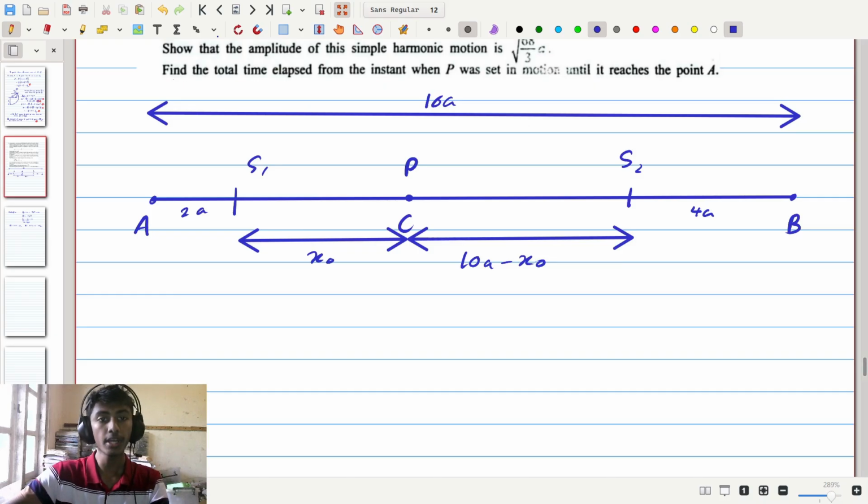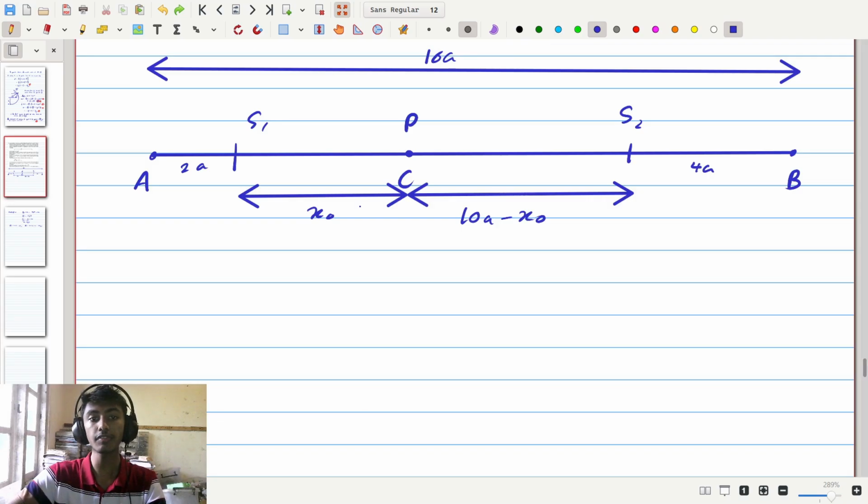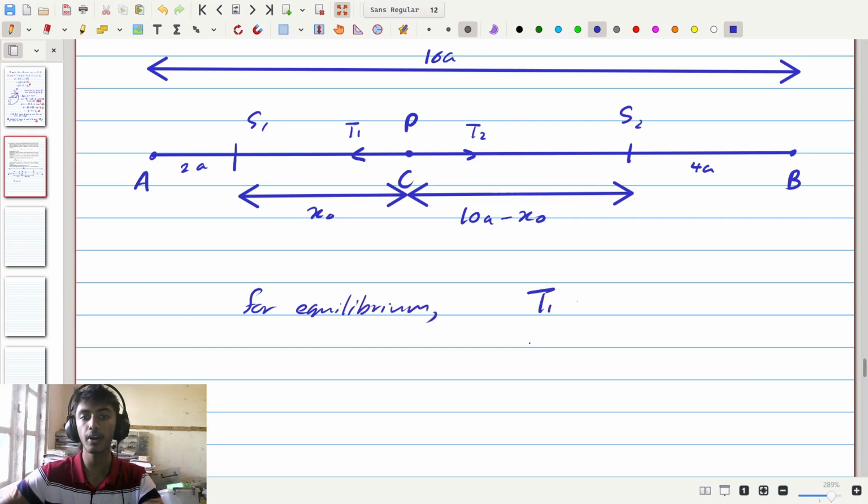So if the extension of the string S1 is x0, the extension of the string S2 must be 10a minus x0. Now, if the tension in the string S1 is, say, T1 and the tension in S2 is T2, then for equilibrium we must have that T1 is equal to T2, which I'm going to call equation number 1.